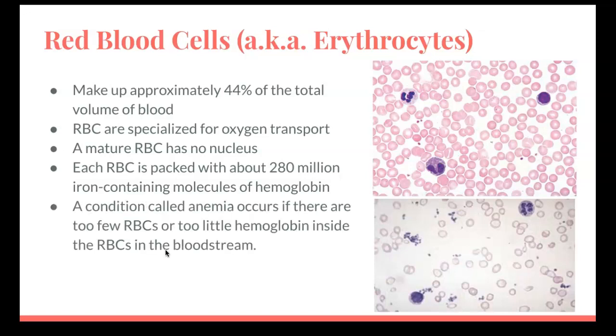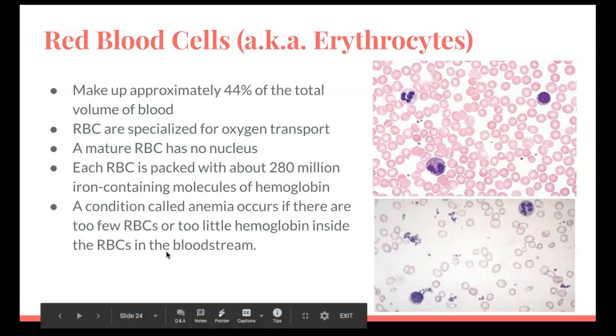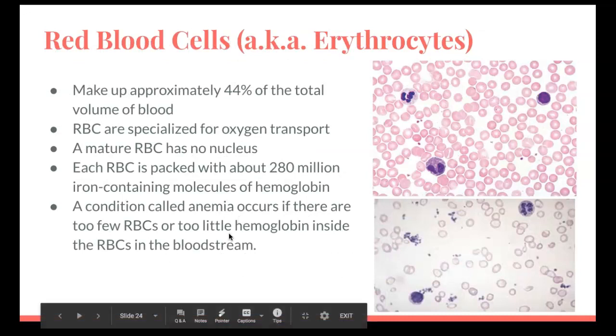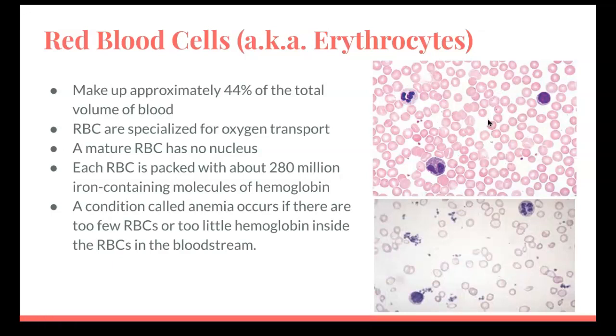Sometimes people have a condition called anemia if they have too few red blood cells, or maybe not enough hemoglobin in the red blood cells. So this is a picture of someone who has anemia in their blood. You can see that there's way fewer red blood cells, and even the ones that are there are really hollow on the inside. That's because hemoglobin in our normal red blood cells will pick up the dye.